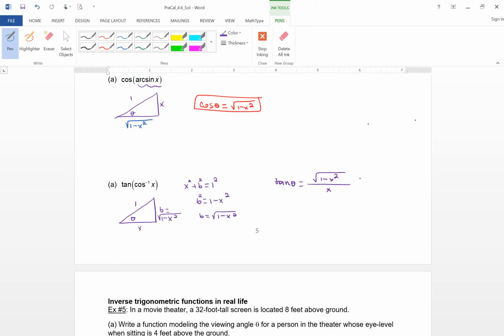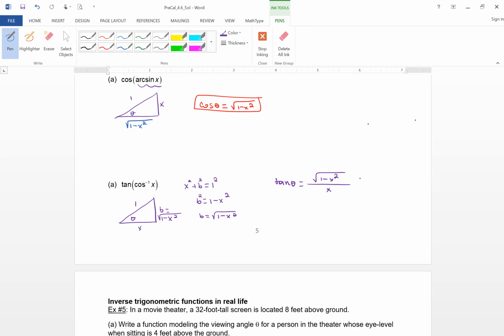I called this b first, and so I said x squared plus b squared equals 1 squared. I found this side by doing the Pythagorean theorem, and then I wanted to find the tangent of it. So it's that over that.